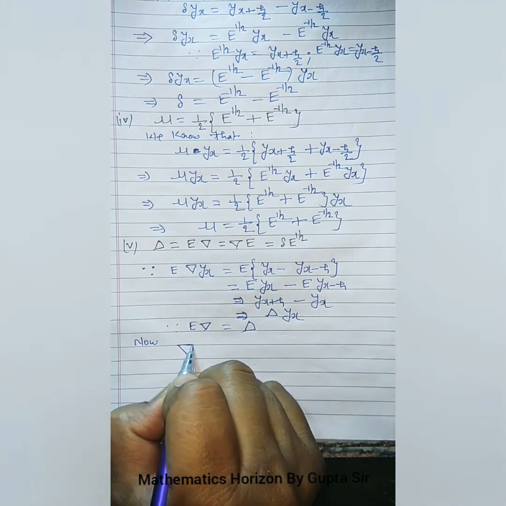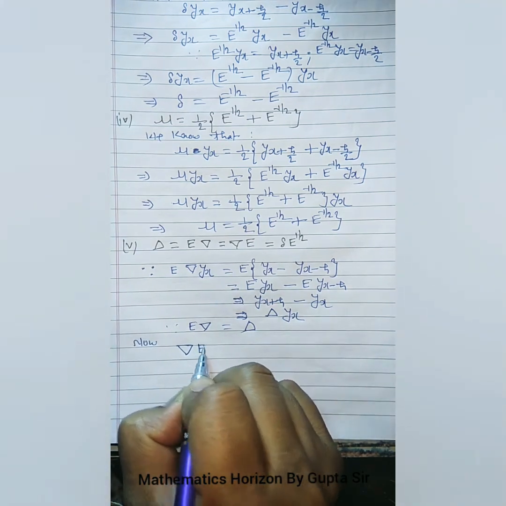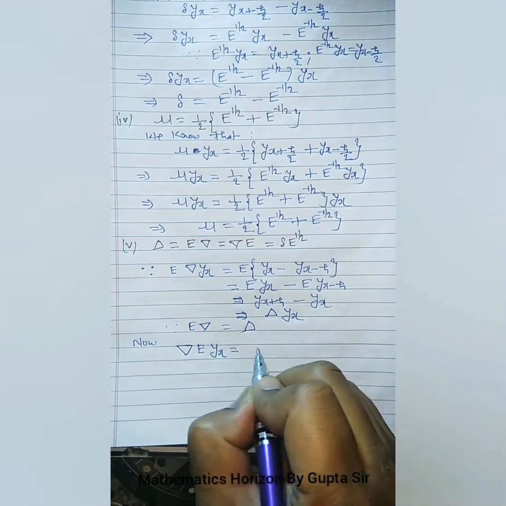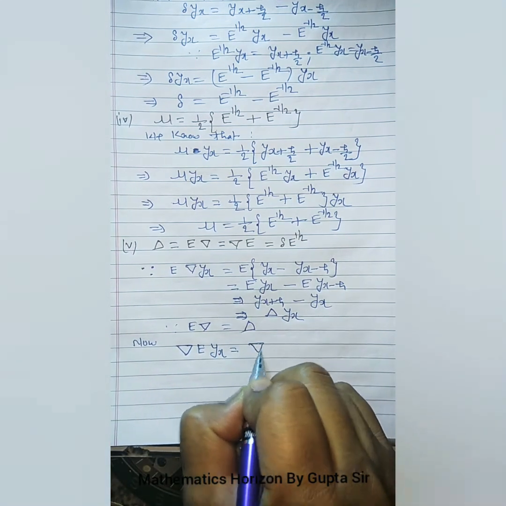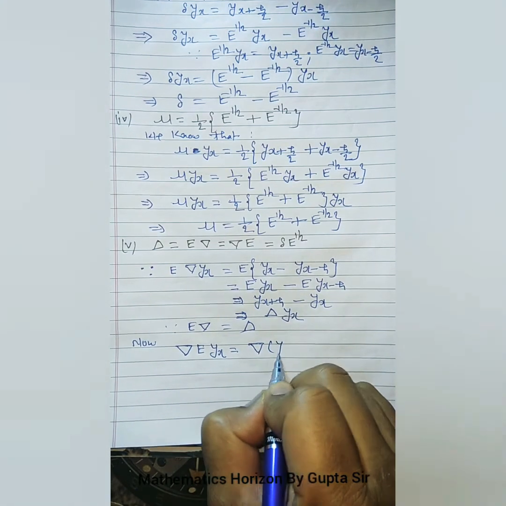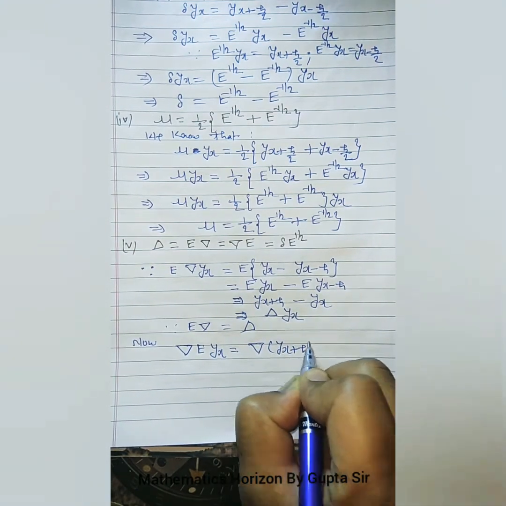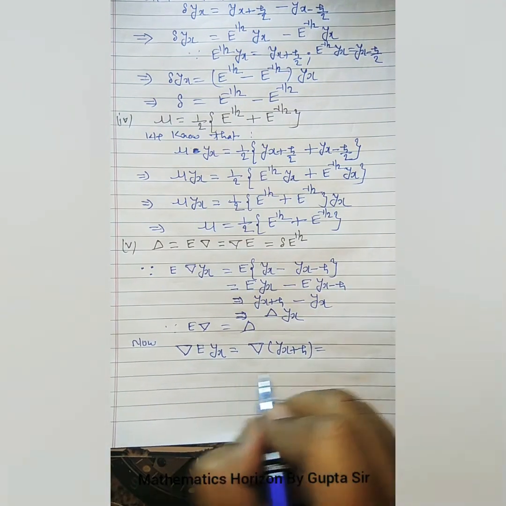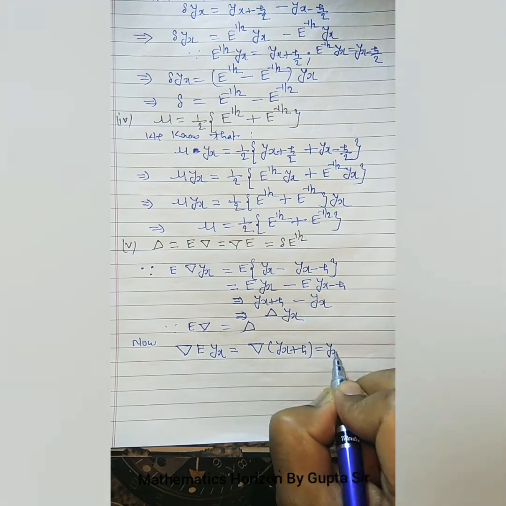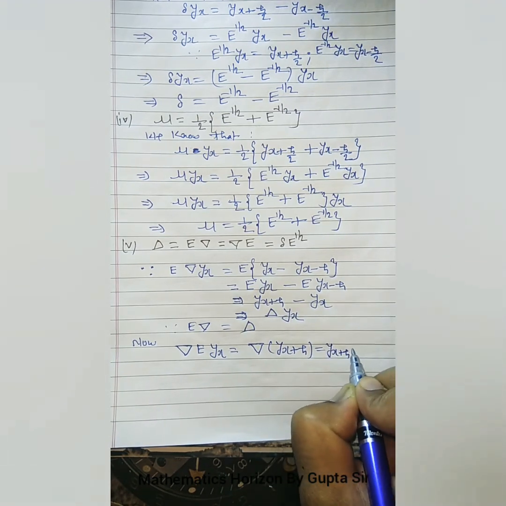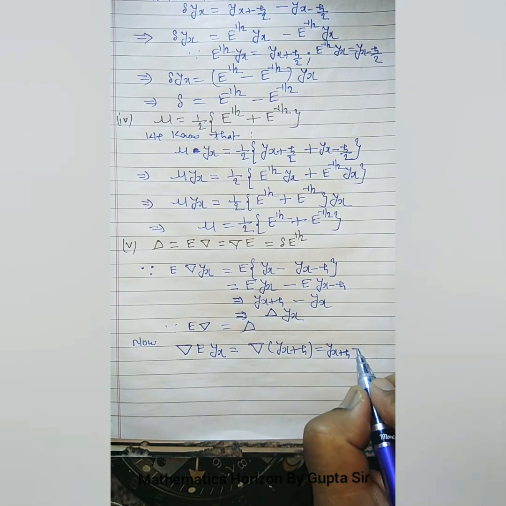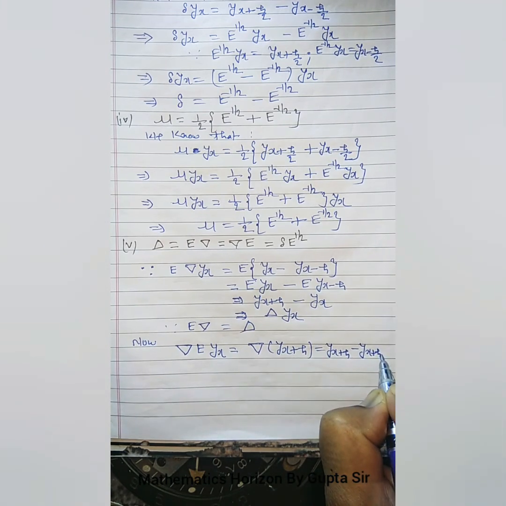we know that nabla E yx, that is nabla yx plus h, that is yx plus h minus, by the definition of backward difference operator, this is yx plus h minus h.